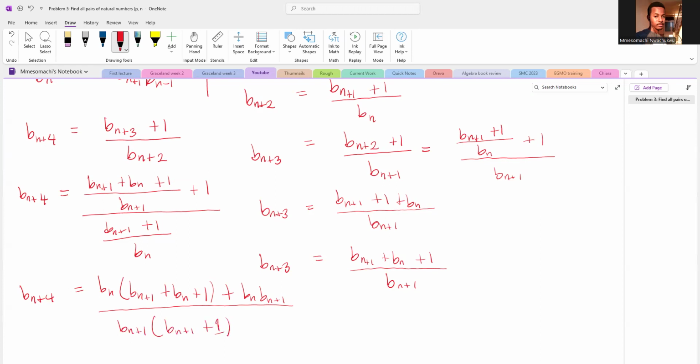Okay, so this is going to be equal to, let's see, can we simplify anything from here?